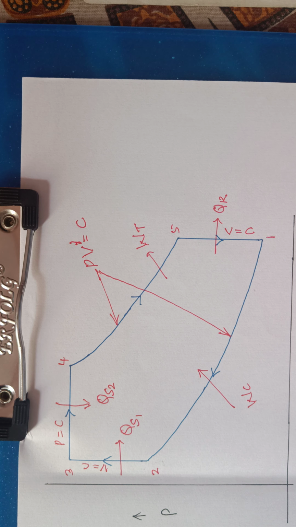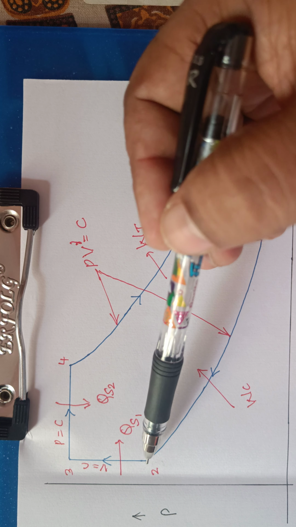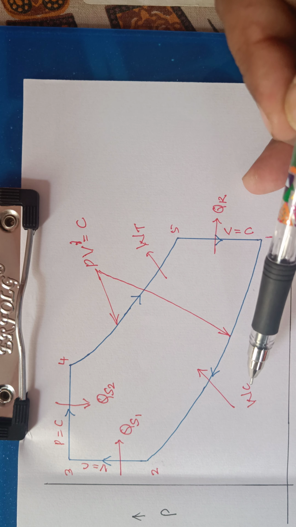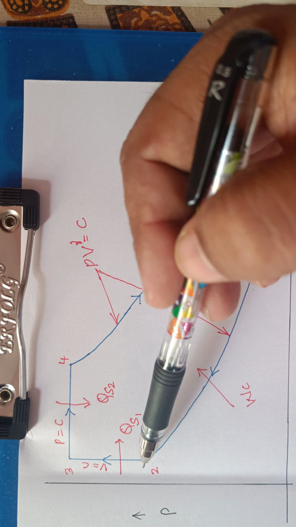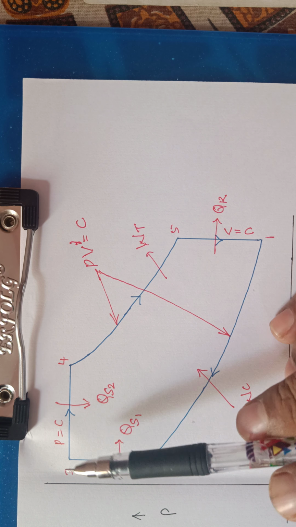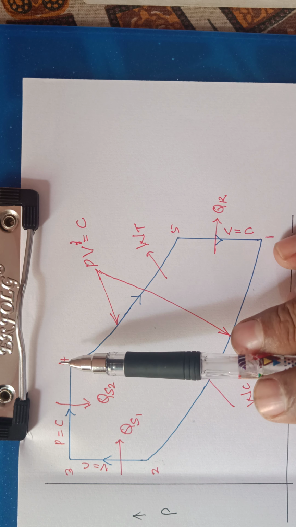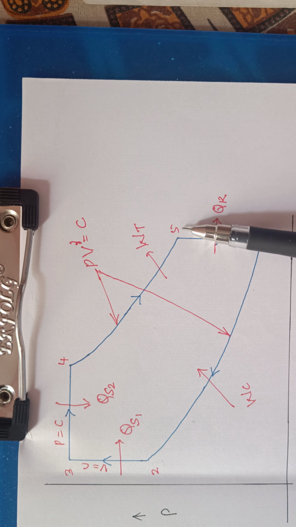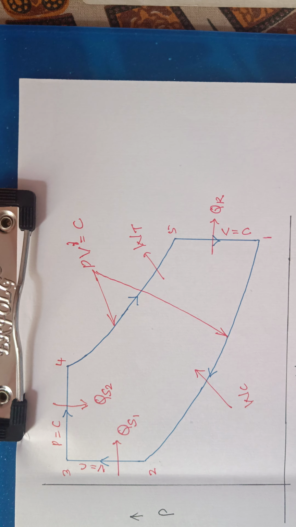Now let us take the PV diagram and TS diagram. 1 to 2 is isentropic compression in the compressor, followed by constant volume heat addition from 2 to 3, and then constant pressure heat addition from 3 to 4, then 4 to 5 isentropic expansion, and 5 to 1 heat rejection at constant volume.